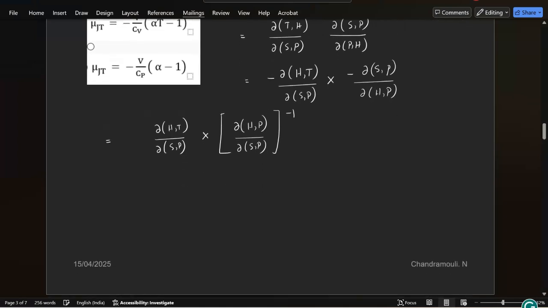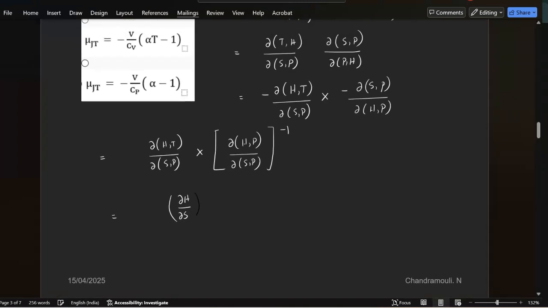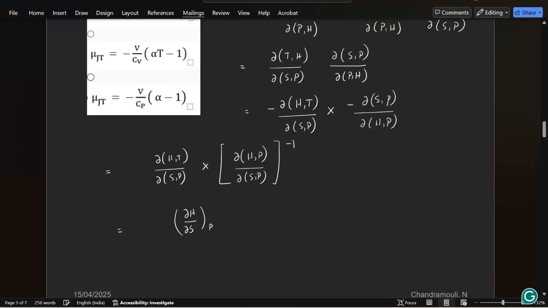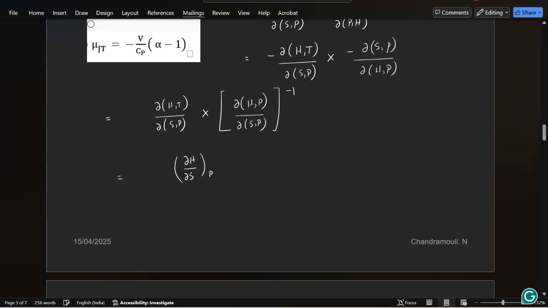Now let's expand this. So what is this? This is basically a determinant, right? So del H by del S at constant pressure, and similarly, this will be del H by del P at constant S. I chose S and P because they are the natural variables of H, and now you can see that we are getting H and S quite easily.